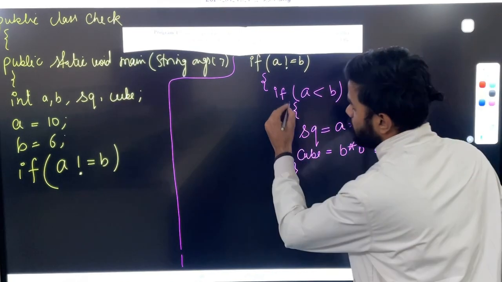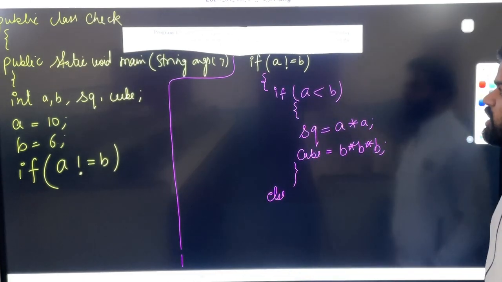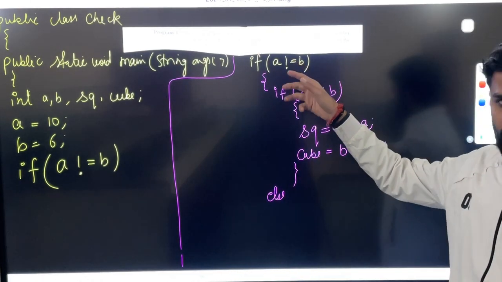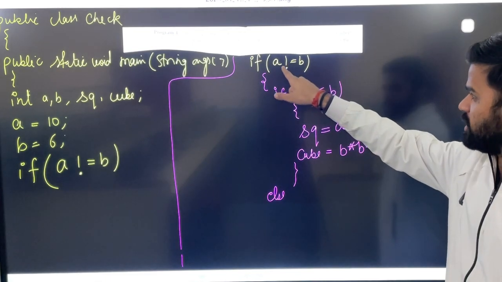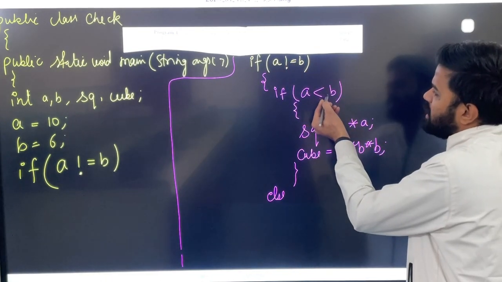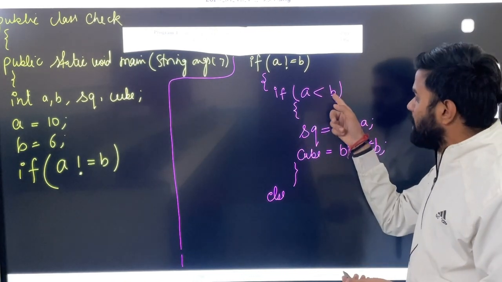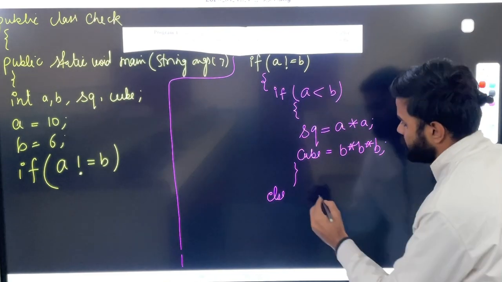Now we will come to the next else. Suppose after this both numbers are not equal, and the first number being less than the second number is false. It means the second number is smaller than the first number.